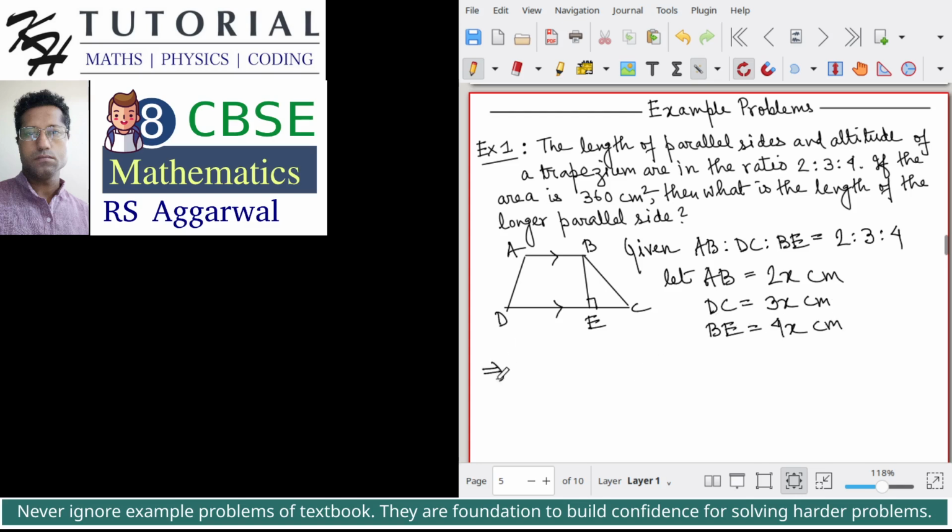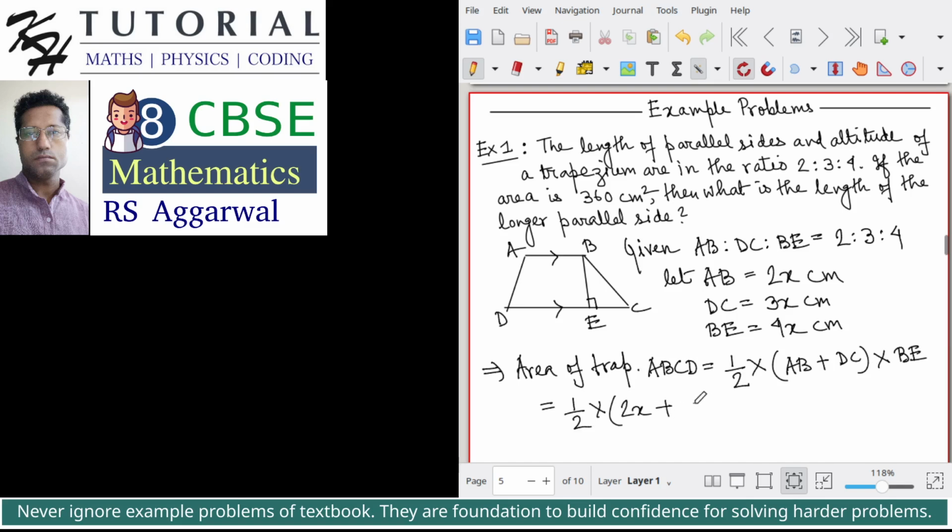Now this will imply the area of trapezium ABCD will be equal to half into the sum of the bases, that is AB plus DC, multiplied by the altitude, that is BE. This is equal to half multiplied by AB, which is 2x, and DC is 3x, and BE is 4x, this much centimeter square.